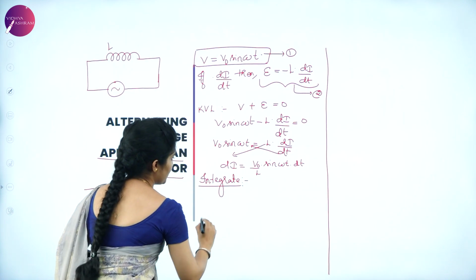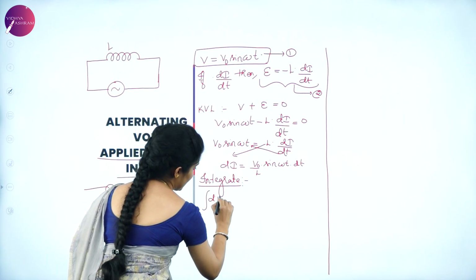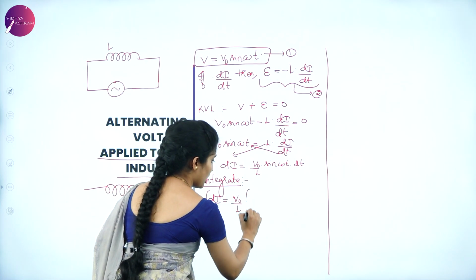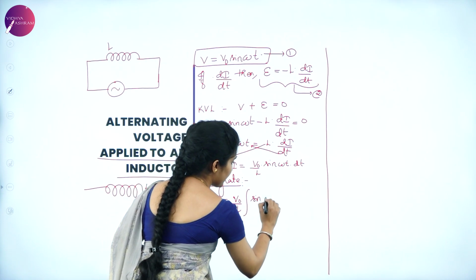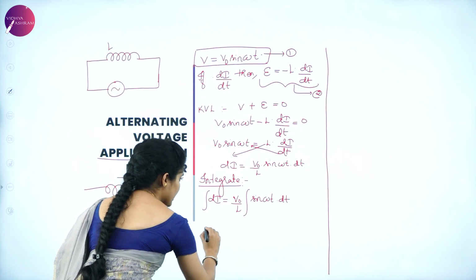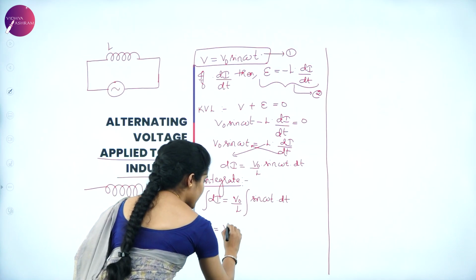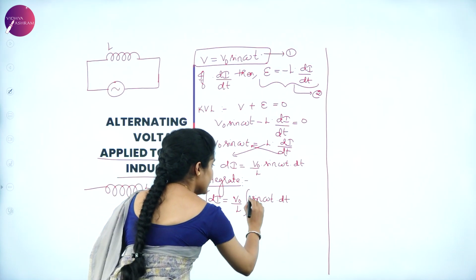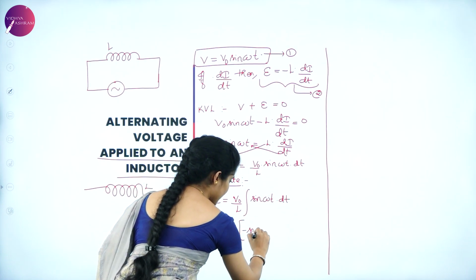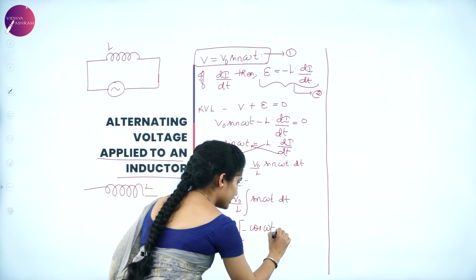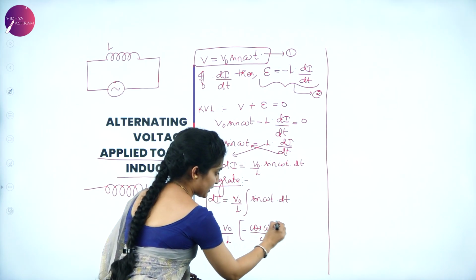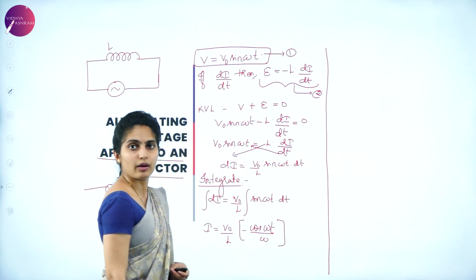On integration, we have the integration of di, which is I, equal to V0 by L, constant out, integration of sine omega t into dt. So on integrating, I is equal to V0 by L, and sine omega t into dt can be integrated as minus cos omega t divided by omega, because this is a function with respect to t, so it is divided by omega.